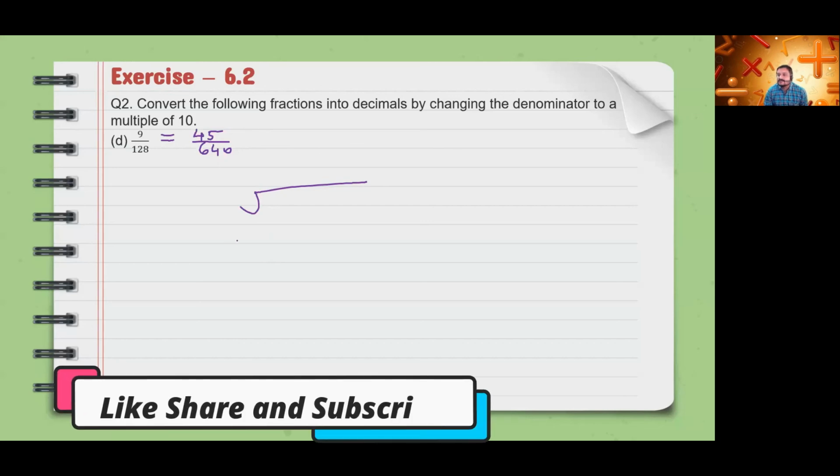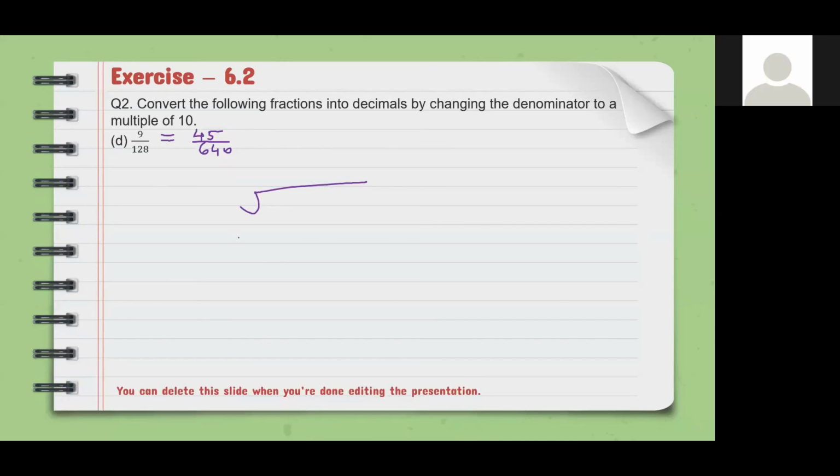That is wrong then. Divisor, sir, means we will divide in the 45 table. That's what I want to say.